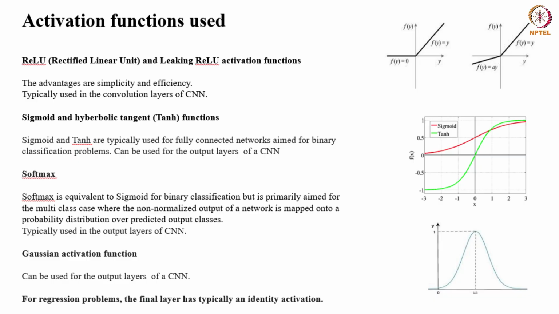Sometimes people also use Gaussian functions, but that's not the most common. You can also have an identity activation function, which is recommended for regression problems.